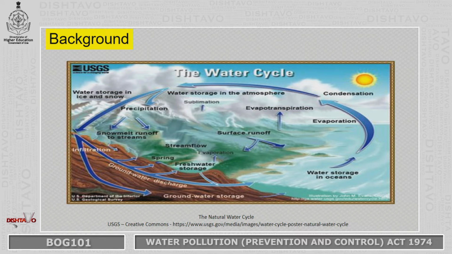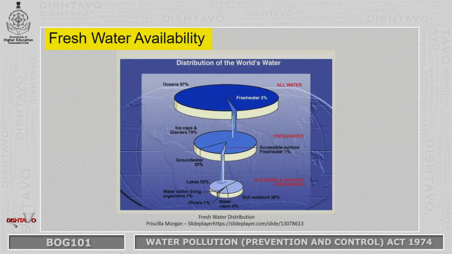We have so much water, yet we face shortage of water. And fresh water availability, how much is it? The distribution of the world's water is, we have around 97% of water, and the land is scarce. Yet out of this 97% water that we have, fresh water is just 3%.